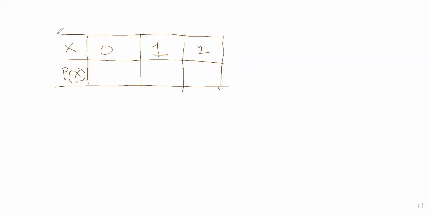The 0 tail situation is 2 heads, which we calculated as 1/16, right? This is 3/8. This is 3/16. So you sum up the probabilities once: 1/16 plus 3/8. We'll write it as 6/16 plus 3/16.